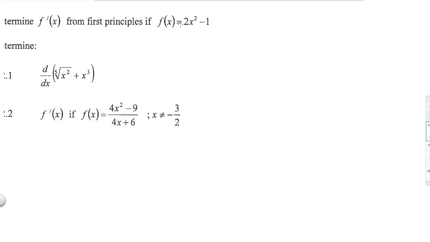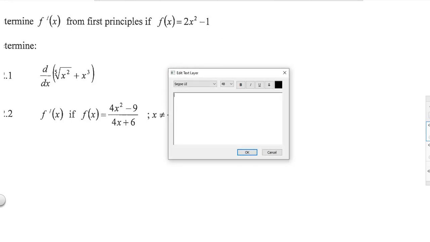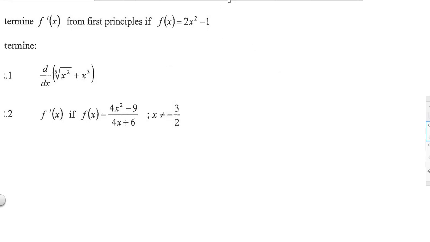principle if f of x is equal to 2x squared minus 1. So the first principle, it's very simple and it's also difficult for some students, but I will try to make it easy.